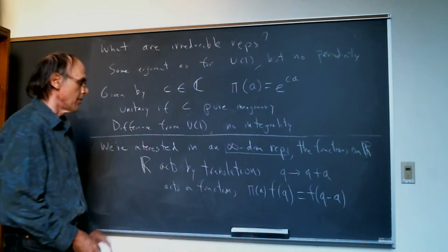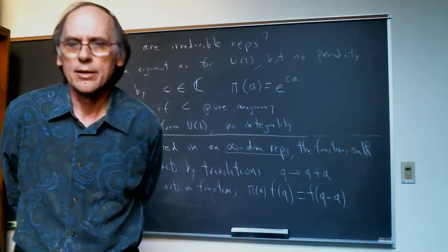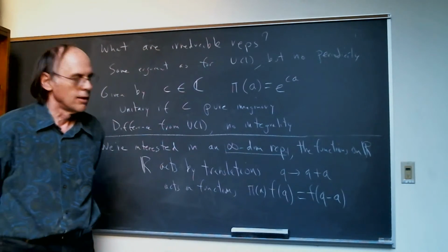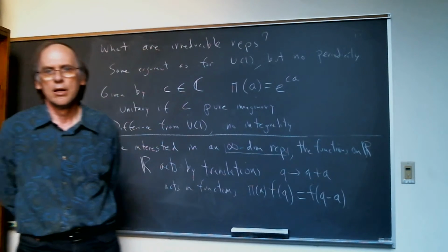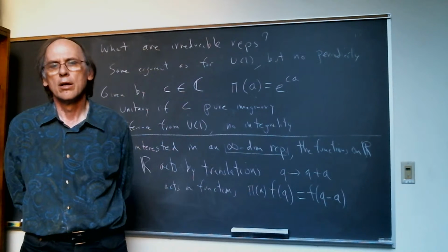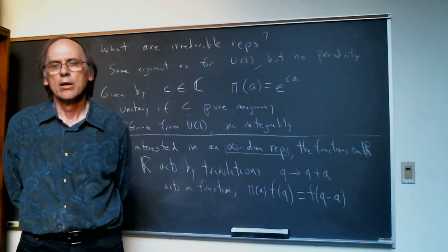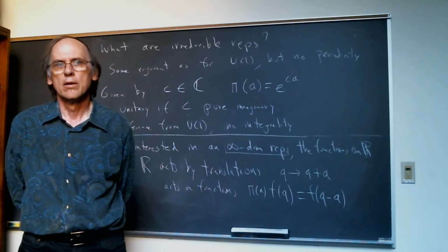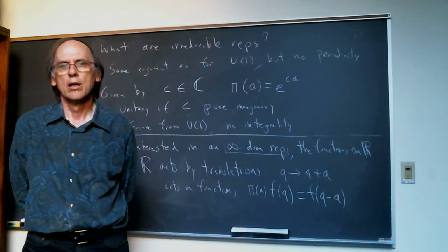I just have a quick question. Yeah, sure. So are there finite dimensional representations, exactly analogous to how we constructed the U1 representations, except with this e to the ca instead?